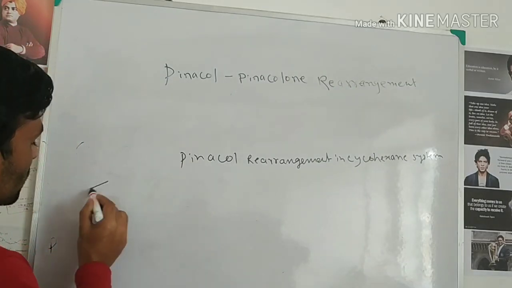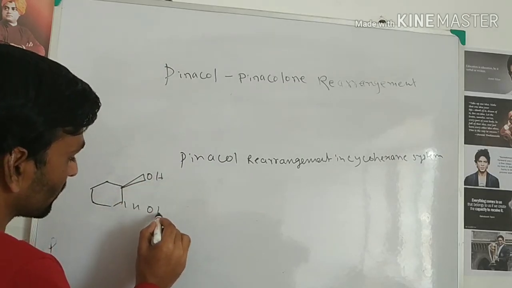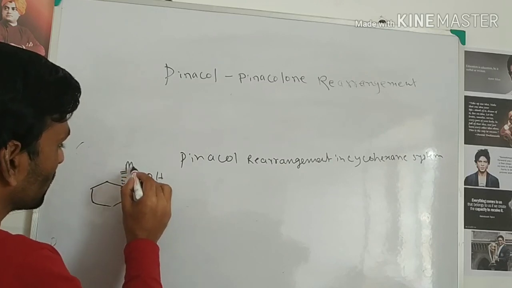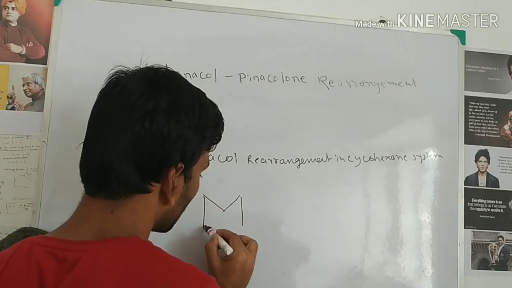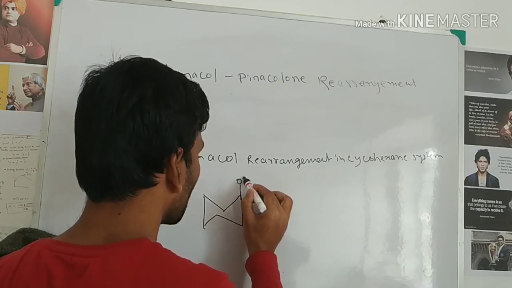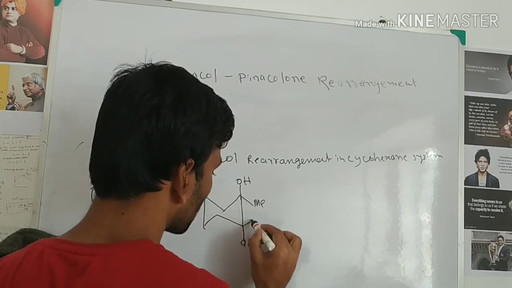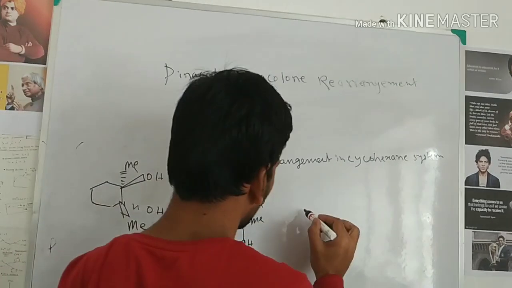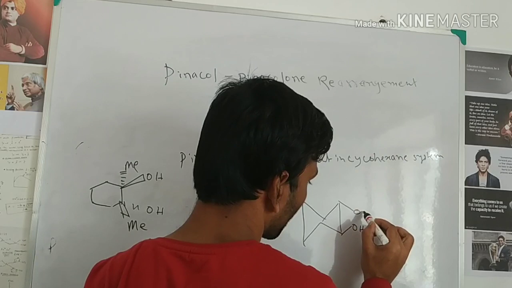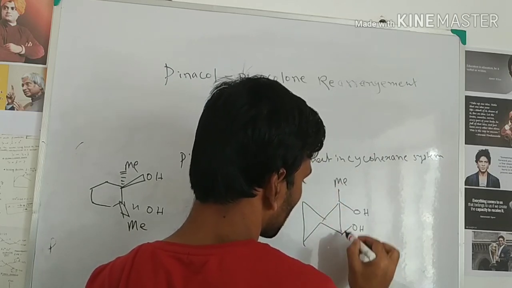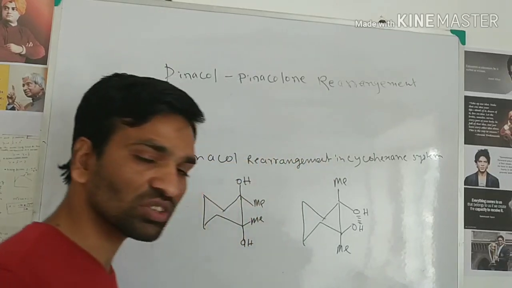Now, the OH group is anti. Now, in the cyclohexane form, anti means axial or equatorial, but here the oxygen and hydrogen make a hydrogen bond.